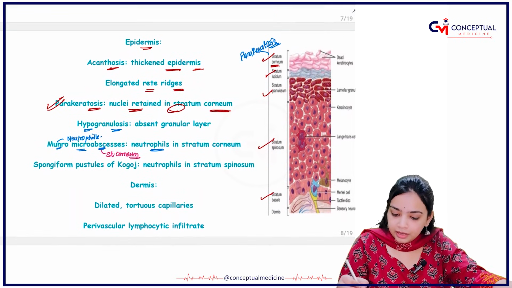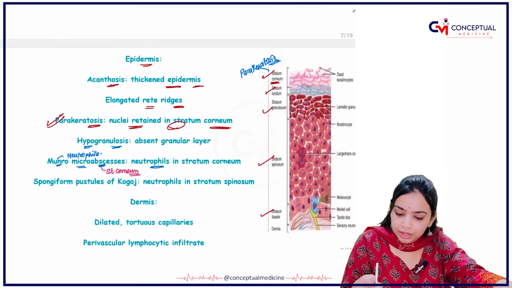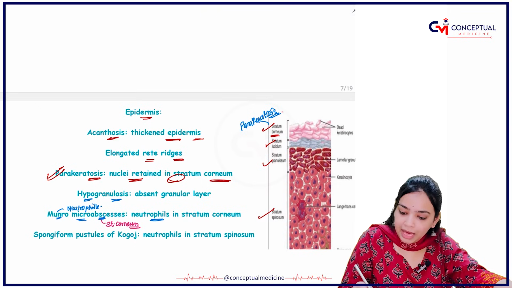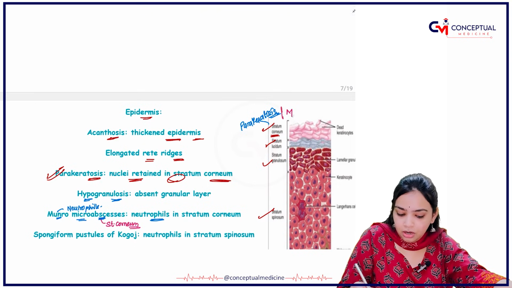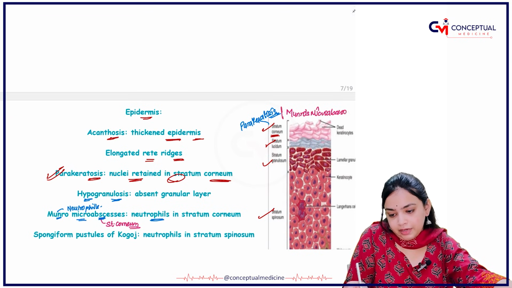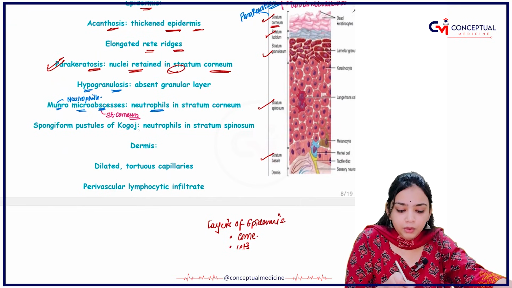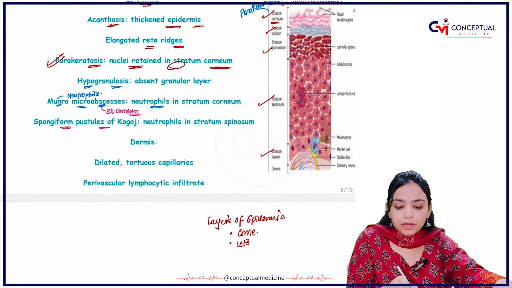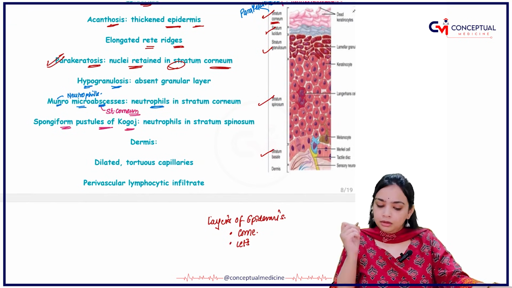Okay, this is the layer of stratum corneum. So here you are having parakeratosis and you are having the Munro's microabscess as well.